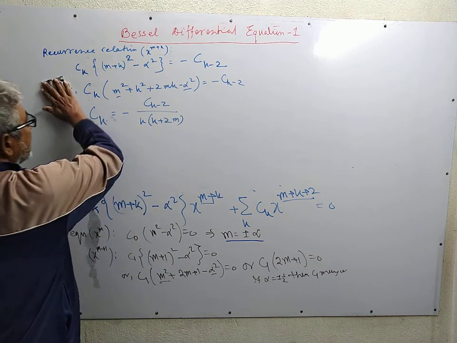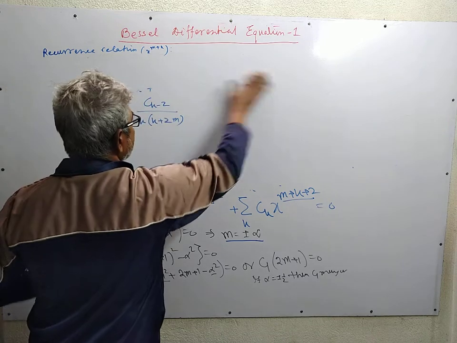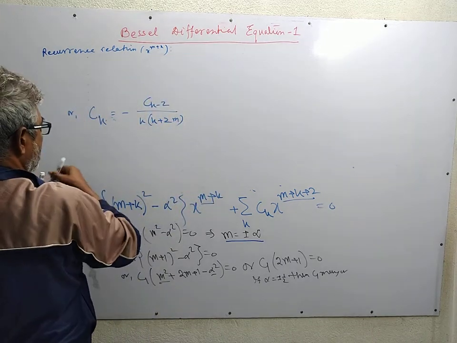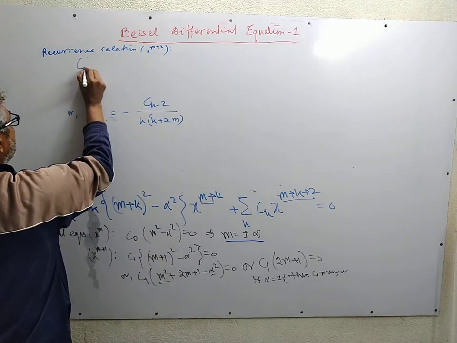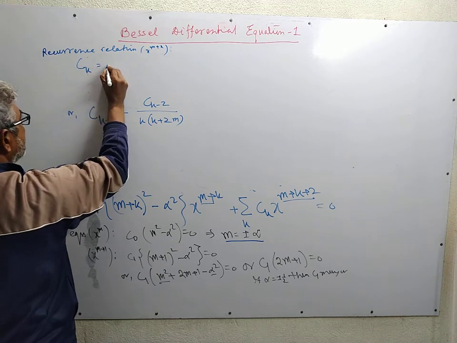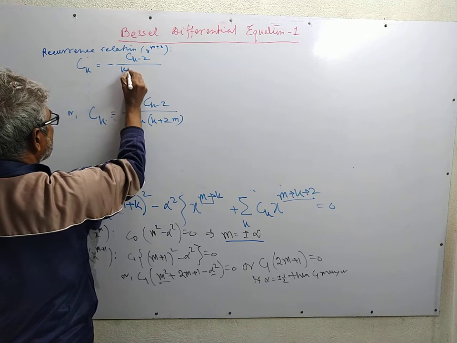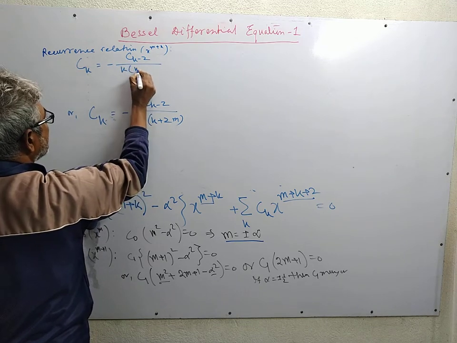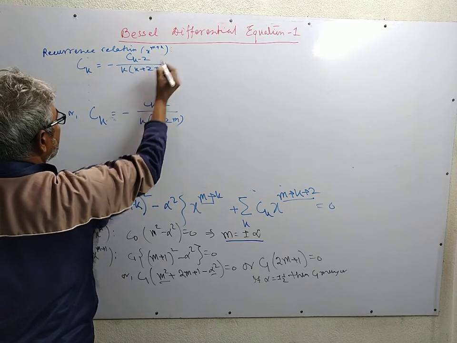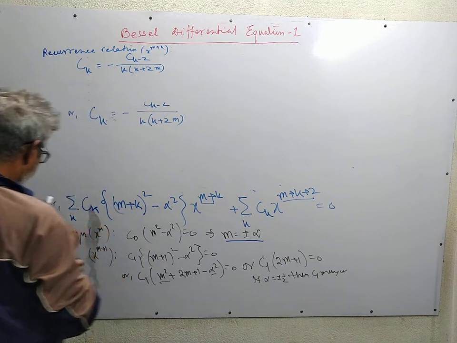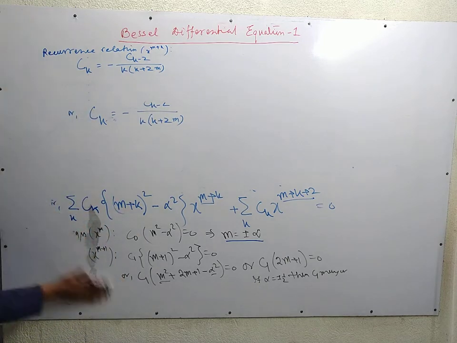So the recurrence relation is this, the recurrence relation for the Bessel differential equation.